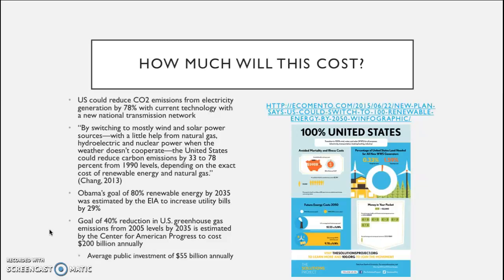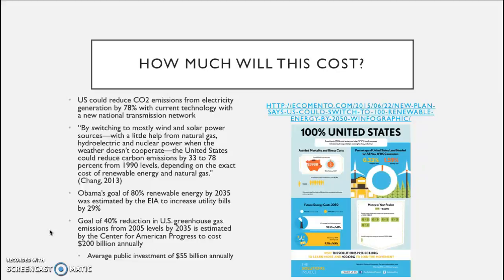And so, a quote here from one of the articles I read: by switching to mostly wind and solar power sources with a little help from natural gas, hydroelectric, and nuclear power when the weather doesn't cooperate, the United States could reduce carbon emissions by 33 to 78% from 1990 levels, depending on the exact cost of renewable energy and natural gas.